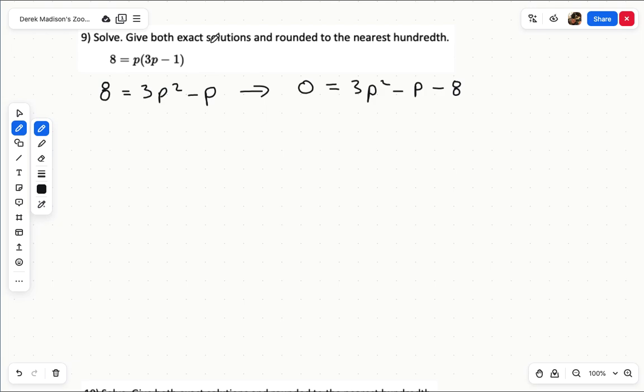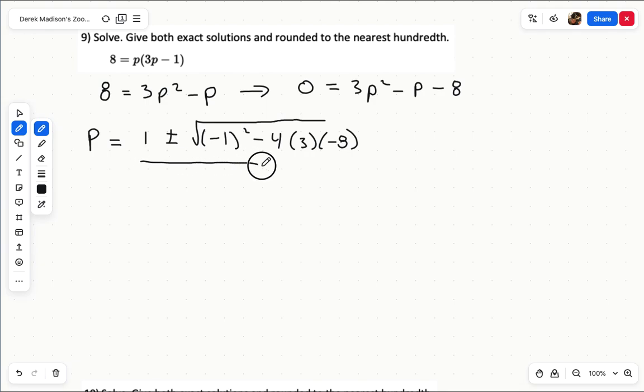And then same thing, this is asking for both the exact solutions and rounded to the nearest hundredth. So we will do p equals negative negative 1, which will be 1, plus or minus the square root of negative 1 squared minus 4 times a times c, and that is all over 2 times 3.